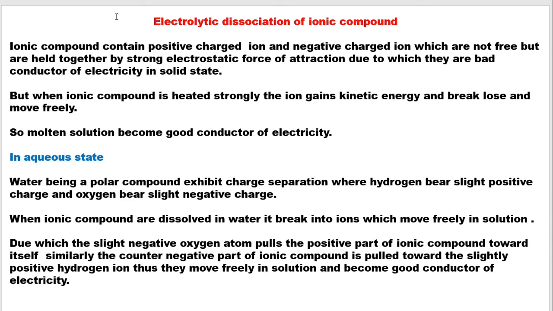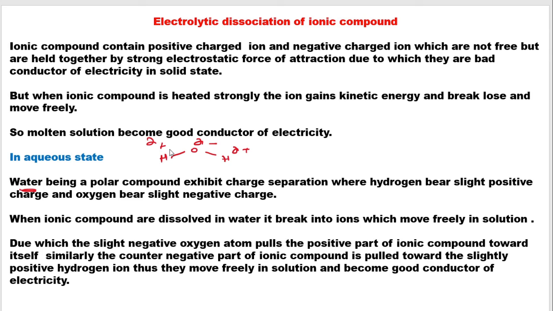Similarly, in aqueous state, what do you have as a solvent? Water. Water is a polar compound, which has a structure like this, with delta positive charge over hydrogen and delta negative charge over oxygen. So what will happen? It is itself polar, that is, there is a charge separation between its combining atoms. So when an ionic compound is dissolved in water, the negative portion of the water, that is oxygen, will pull the positive part of the ionic compound towards itself, and the negative part will go towards the delta plus of the hydrogen.